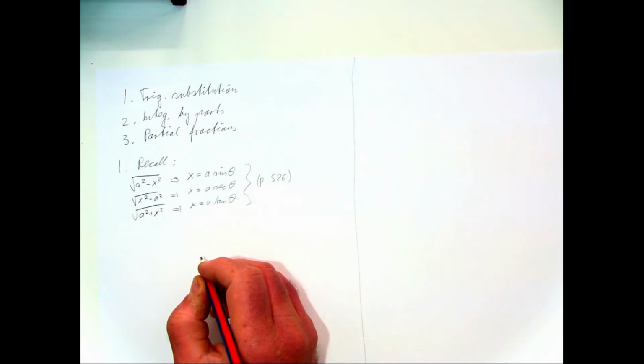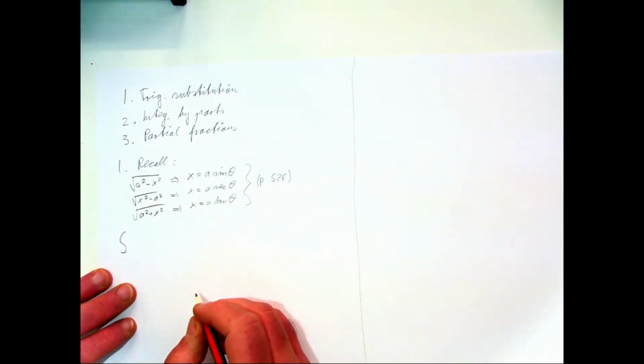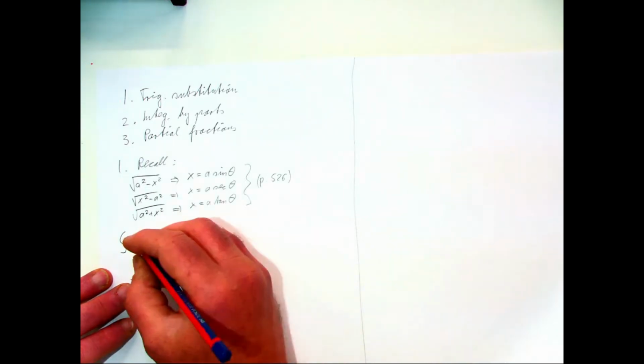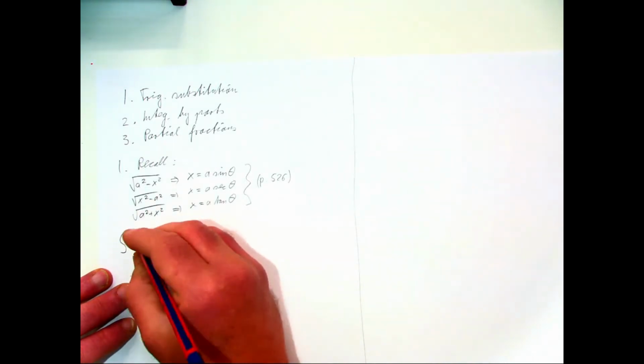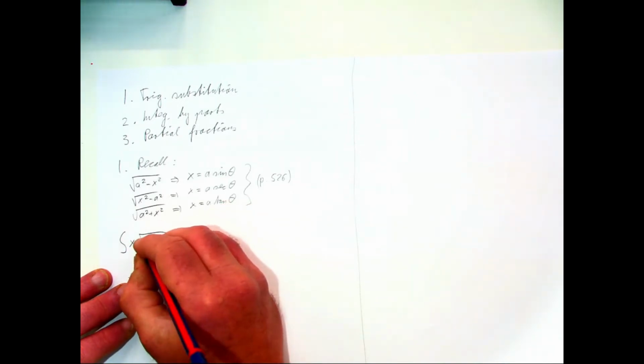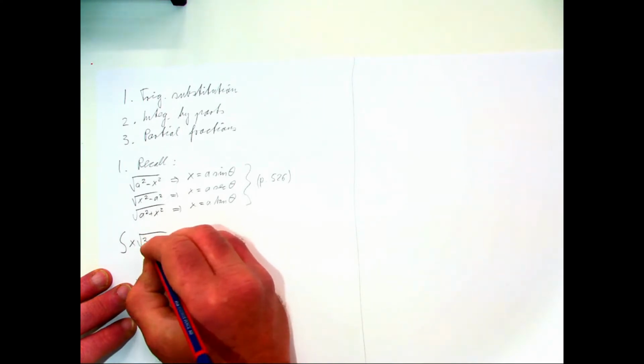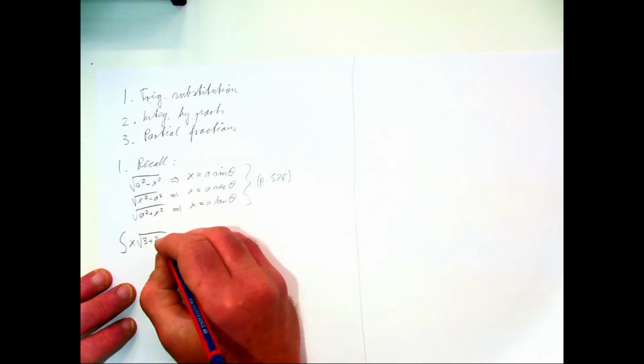Now we will start with the following problem, which will also involve quite a few other techniques. So what is the general antiderivative of this function? x times root of 3 plus 2x minus x squared.